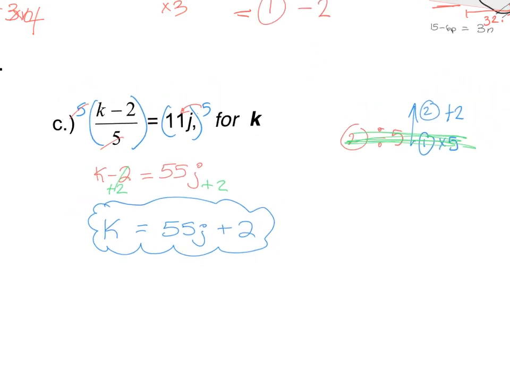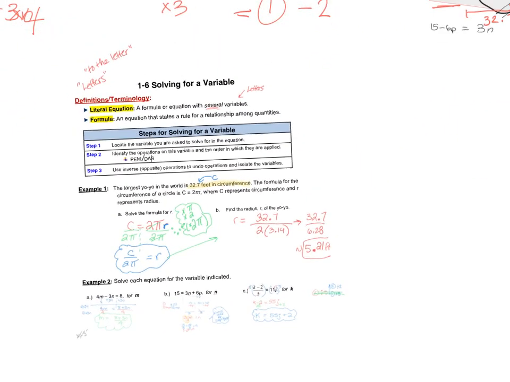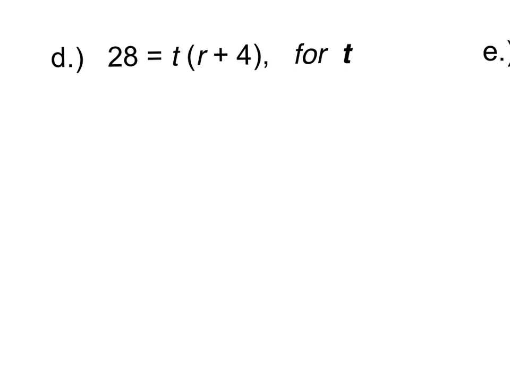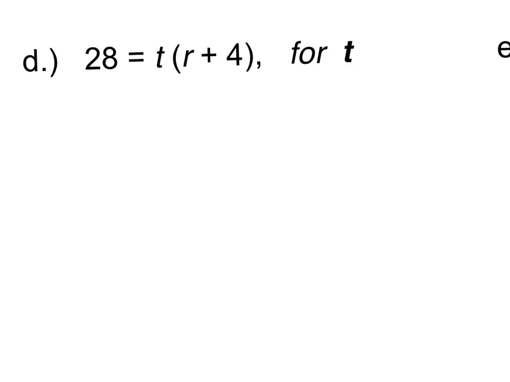Okay, now let's go on to the next page. Last 3 questions before you are working on your independent practice, which we can do in class. You are solving for t. The first thing you're doing to t is you're multiplying it by this whole parentheses. You are multiplying it by r plus 4.